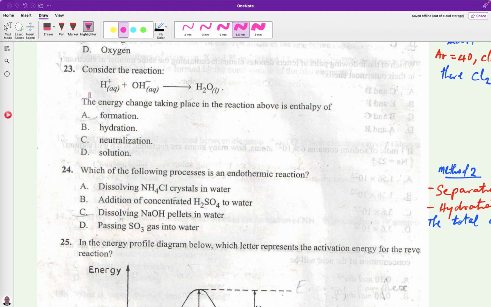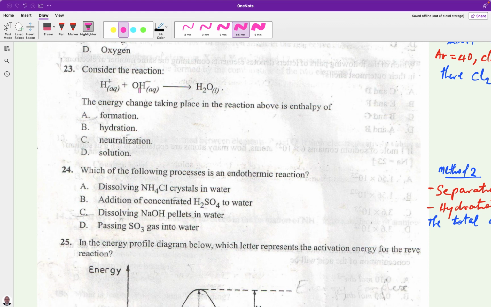When a proton gets mixed up with a hydroxide ion, that is what we call neutralization. That is when an acid is reacting with a base or an alkali, there's neutralization taking place.